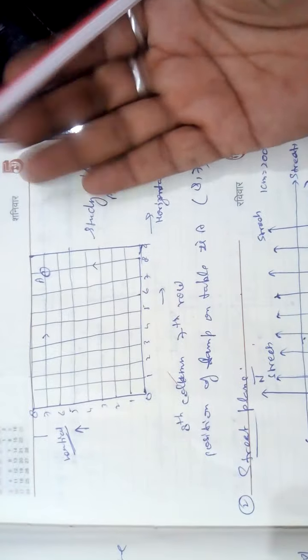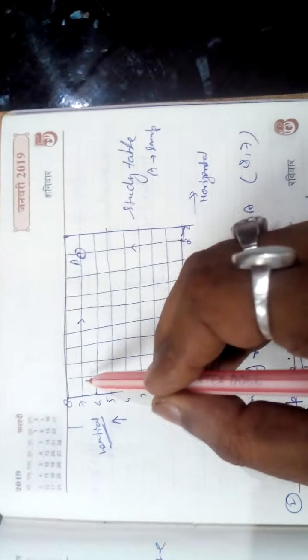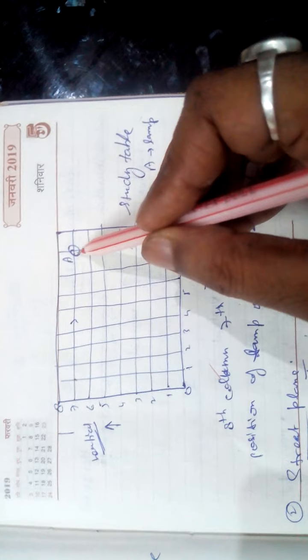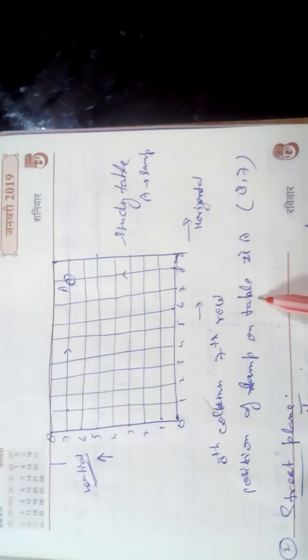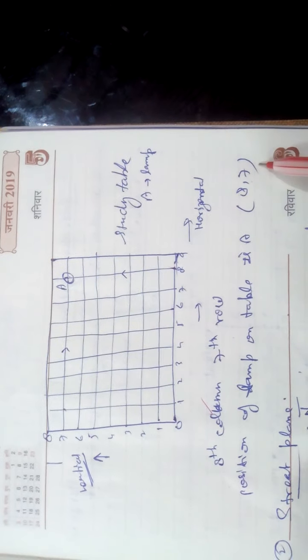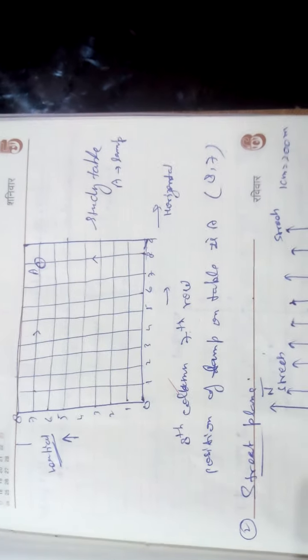You divide your table into boxes, and from the right side, you can say the 8th column, 7th row, or on this point you can put your table lamp. Generally you put the table lamp on the right side. So the position of the lamp on the table is 8, 7: 8th column, 7th row. So horizontal will be at the first place.